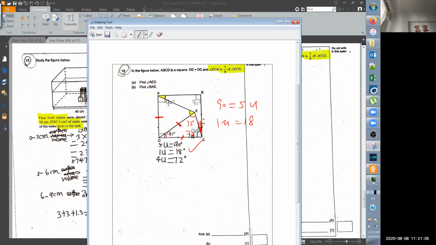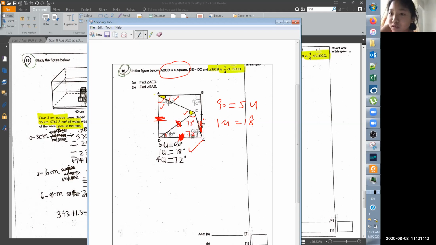You can find out all of them already, because this is isosceles, so that means you can find out what this is. You can also find out what this is. Because this and this are the same, right? Because they are the sides of the square. So DE is equal to DC, right?